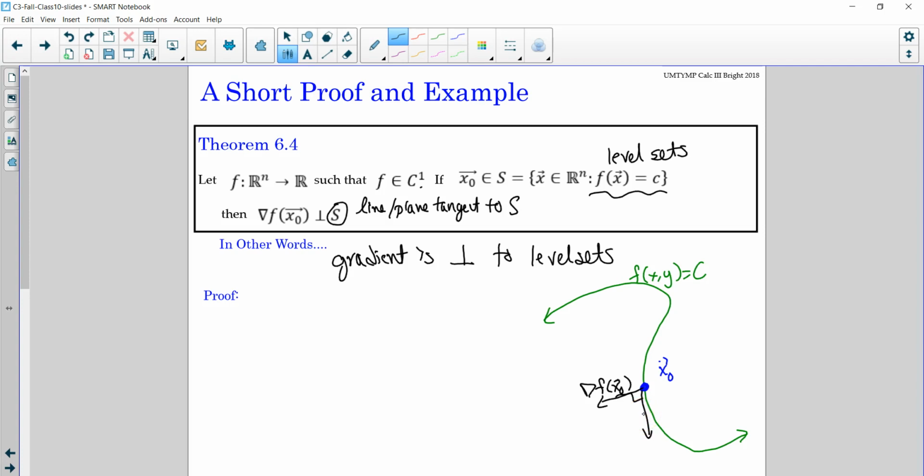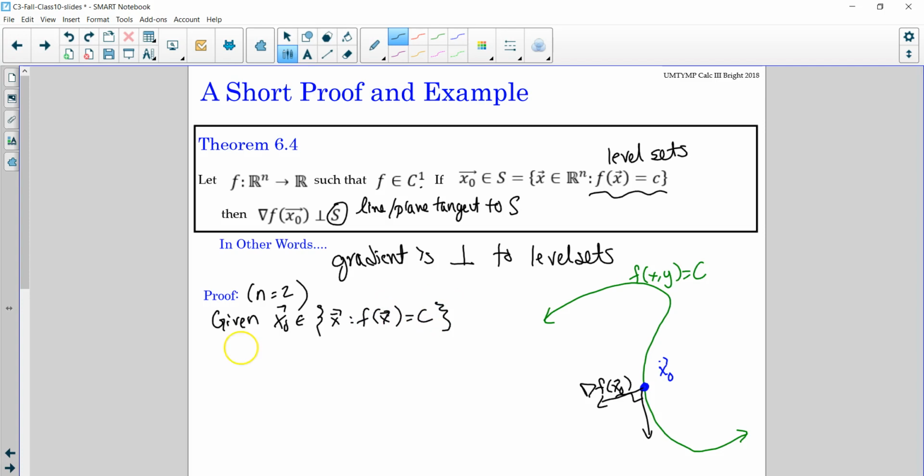Okay, I am going to do a proof. It's going to be short, just for 2 dimensions, and then you can extend it. What we're going to do is start with some x naught in the set of all vectors x such that f of vector x is equal to c.